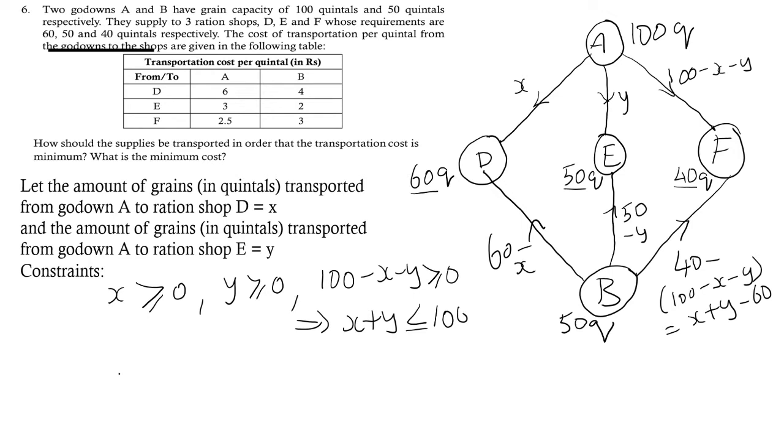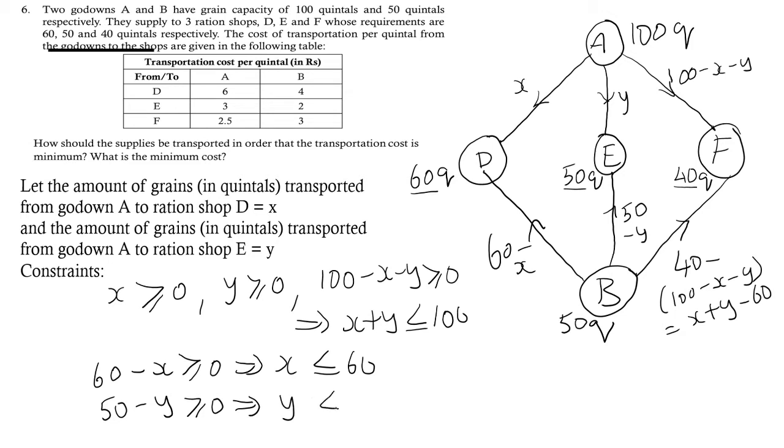The next one is this one, 60 minus x greater than or equal to 0, which implies x less than or equal to 60. Then 50 minus y greater than or equal to 0 implies y less than or equal to 50, and x plus y minus 60 greater than or equal to 0.